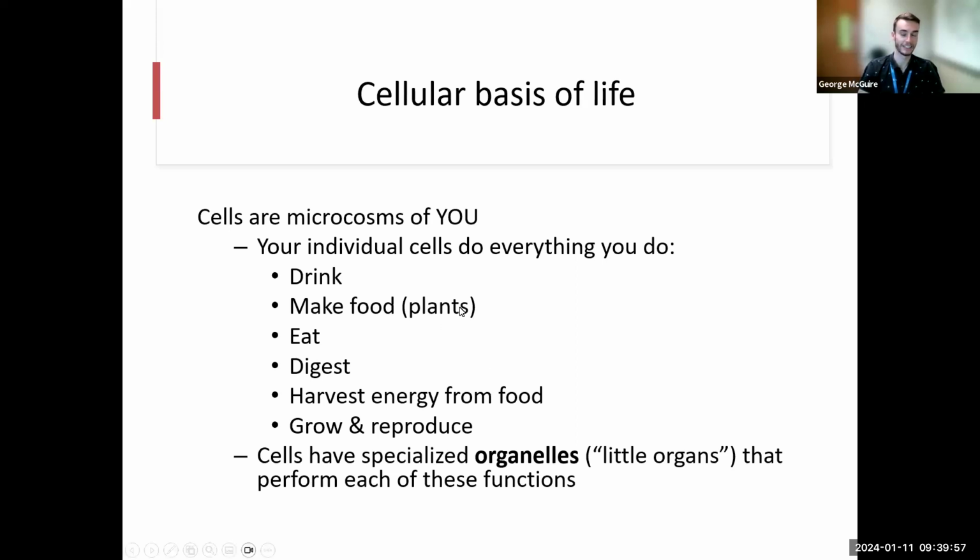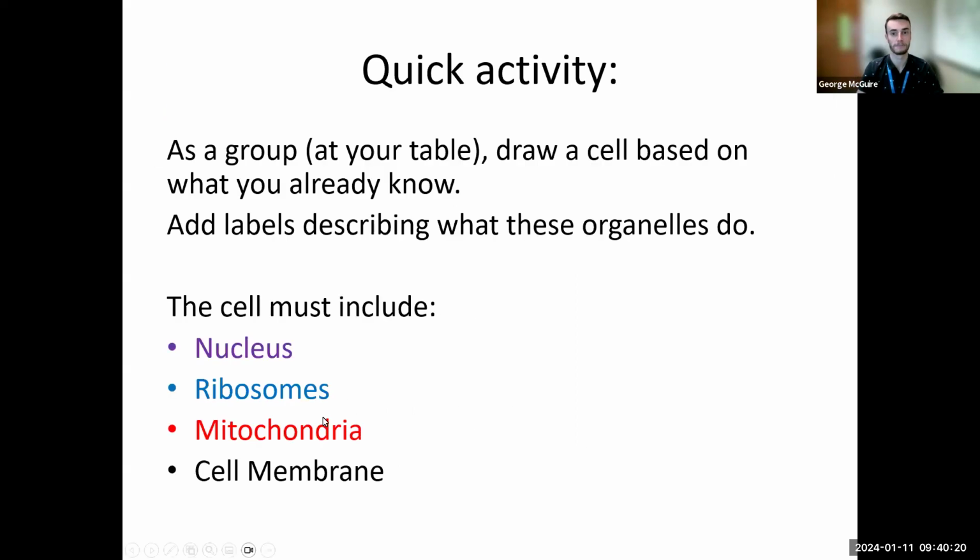And so the last thing here, cells also need to make food. In the case of animals like ourselves, our cells cannot make their own food, but plants can, and their cells do that as well. And so within our cells, just like how our large body has organs that are specialized, cells have organelles, which literally means tiny organs or cellular organs, which are specialized to support the health of that cell.